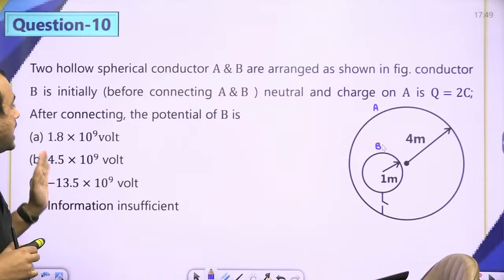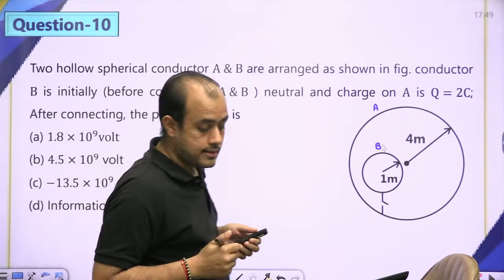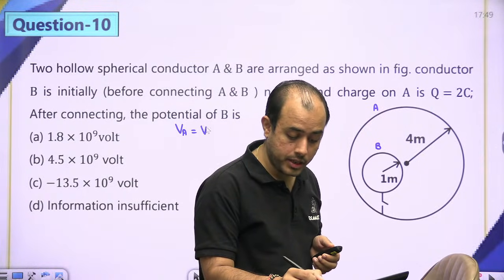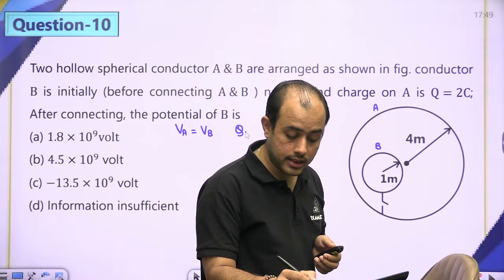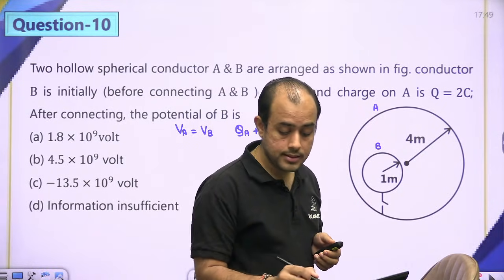Then after connecting, what is the potential on B? So after connecting, beta, VA should be equal to VB. And the total charge of A and B should be 2 coulomb.